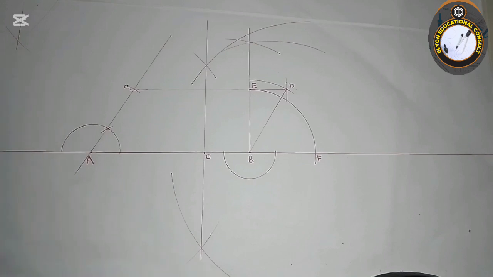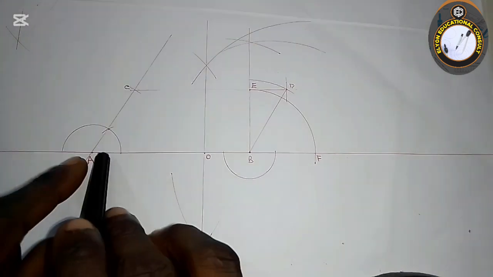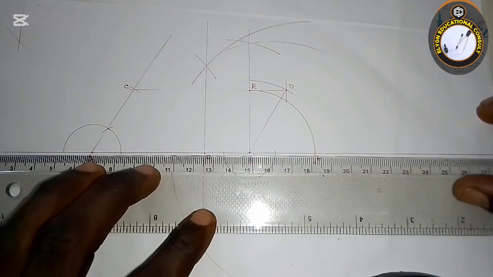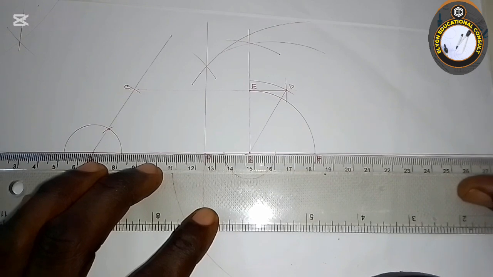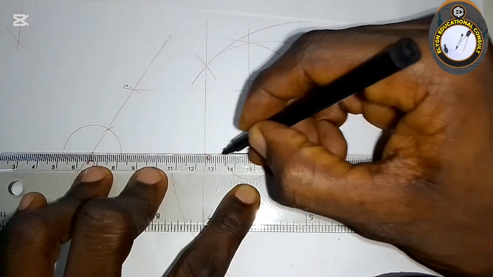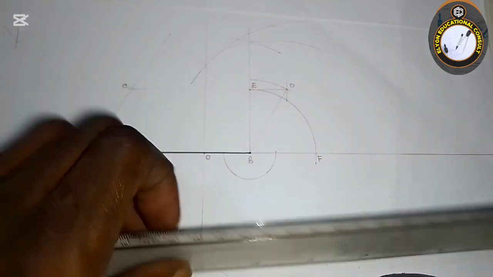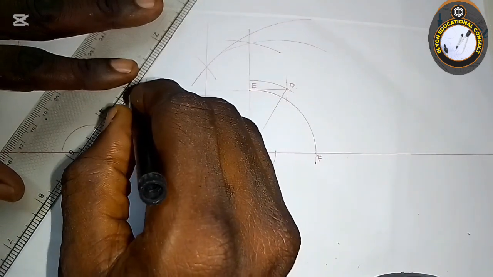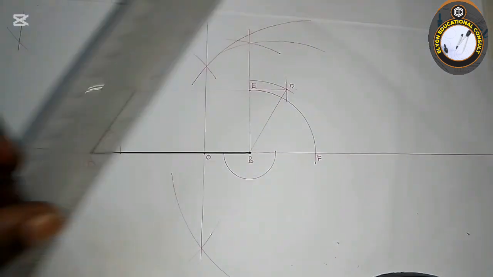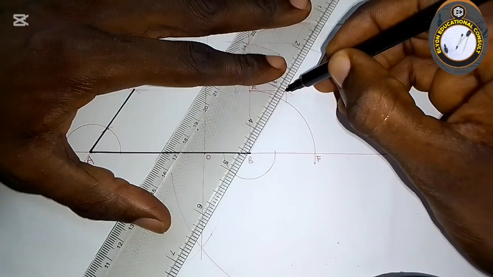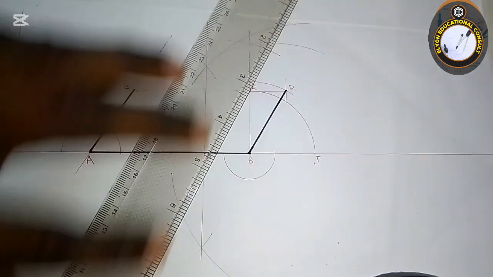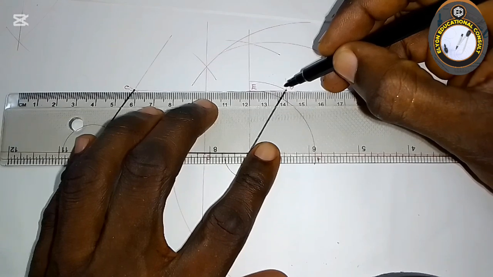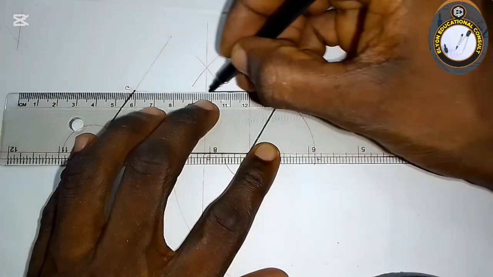Now before I continue, let me highlight my parallelogram, since it is one of the major things we are constructing. So this side, this, then we join CD, or DC, like this.